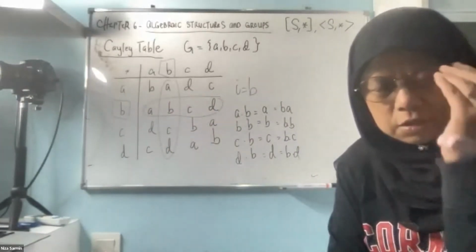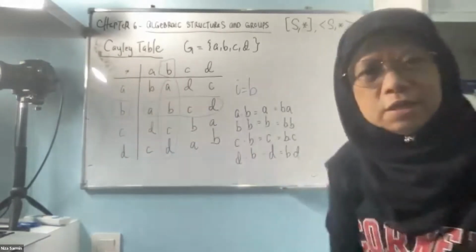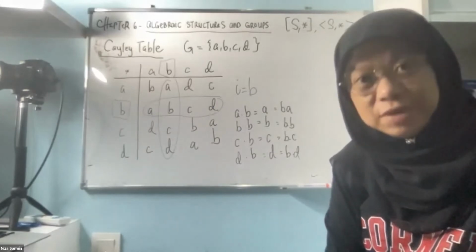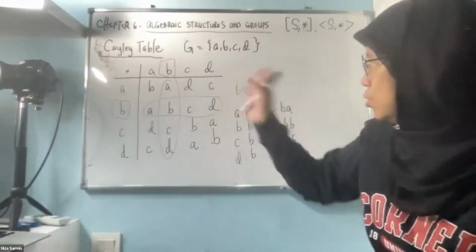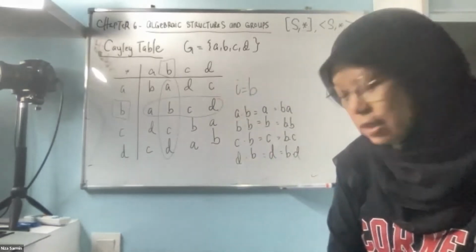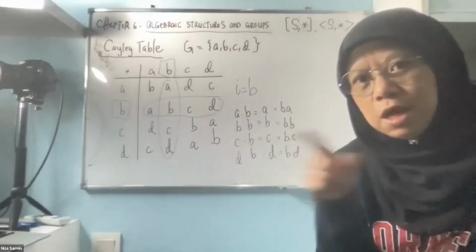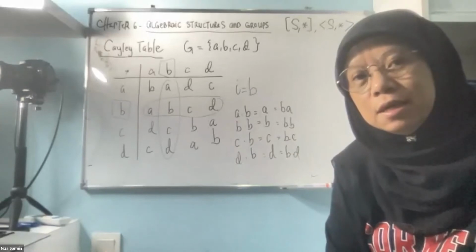So easily you can see it. That means it's not always the first one that is the identity. Next, you want to find the inverse. If the identity is already there, how do you find the inverse? You go to every row and find the identity.